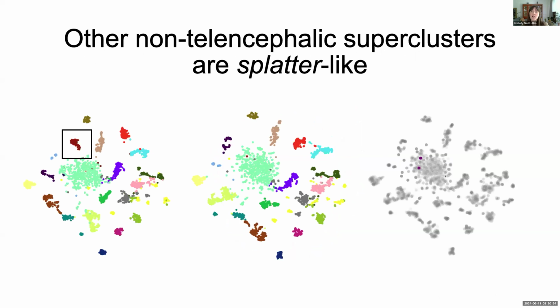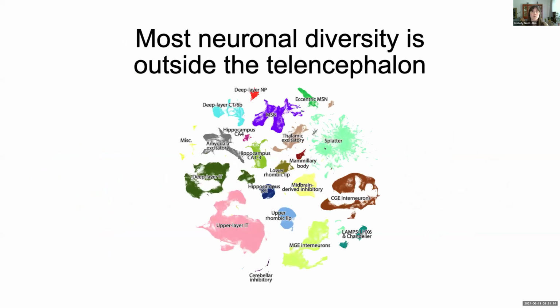And we found that very often the cells would end up in the splatter supercluster if they were from outside the telencephalon, so regions like the hypothalamus and the midbrain and the hindbrain. And this really suggests that these areas are very diverse to the point where if we sampled more of these cells, we would begin to see them coming out as new superclusters. And so there's a lot of diversity in these regions of the brain.